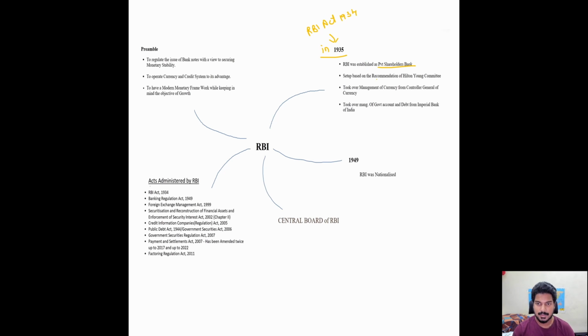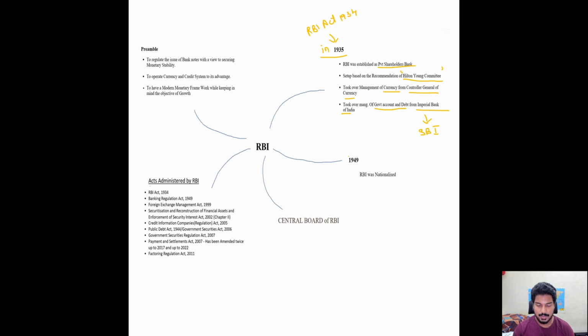Then RBI was set up based on the recommendations of the Hilton Young Committee, which is a pretty important thing to remember. Then it took over the management of currency from the Controller General of Currency. Then it also took over the management of government's account and debt from the Imperial Bank of India. So the Imperial Bank of India is today known as SBI.